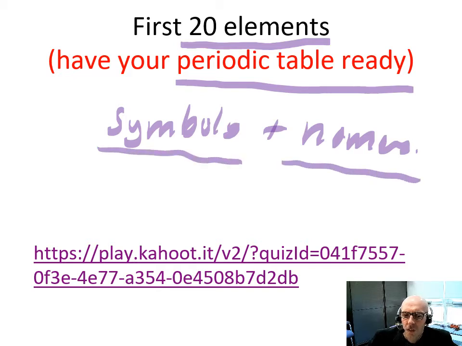That's a basic, so that when you see this, you straight away know that that's four hydrogens joined to a carbon. When you see this, you know that that is magnesium and fluorine, magnesium fluoride. The first 20 are the ones that for GCSE you need to know.